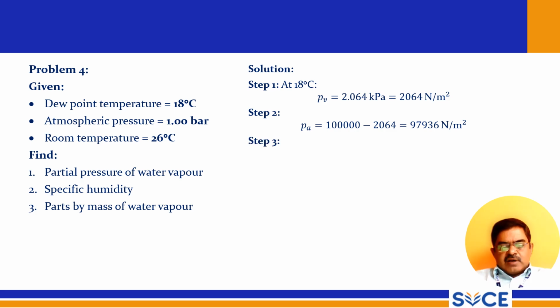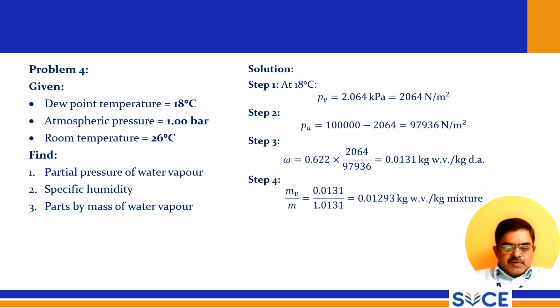So we are getting 97,936 Newton per meter square, and omega is equal to 0.0131 kg of water vapor per kg of dry air. And step 4, mv by m, that is equal to 0.0131 divided by 1.0131, so that is 0.01293 kg of water vapor per kg of mixture.